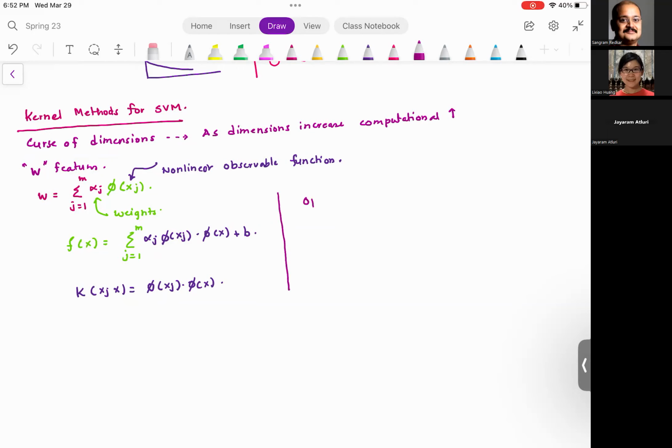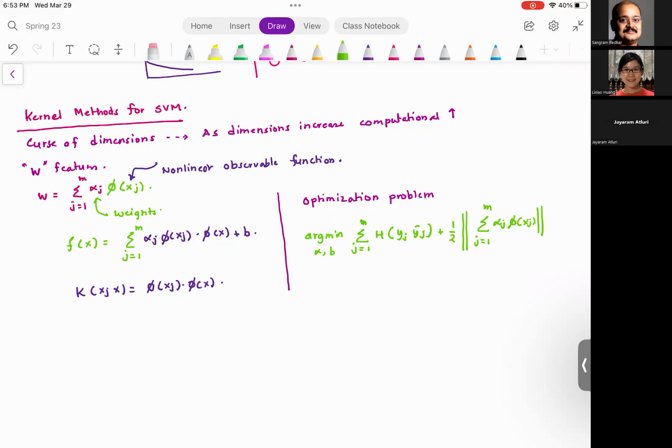The optimization problem becomes argmin over alpha and beta, the sum from j equals 1 to m of the hinge loss on y j and y bar j, plus 1/2, and this is the change, the sum from j equals 1 to m of alpha j phi of x j.